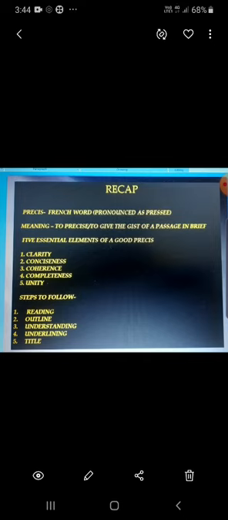Means try to retain the important points or ideas in your mind. Next step was understanding the paragraph. Then comes underlining. Underline the important ideas and essential points from the original text.